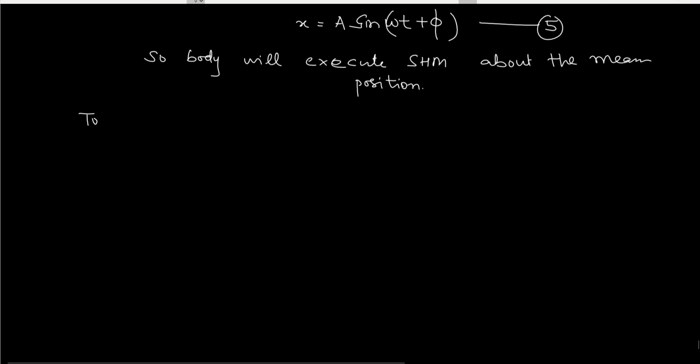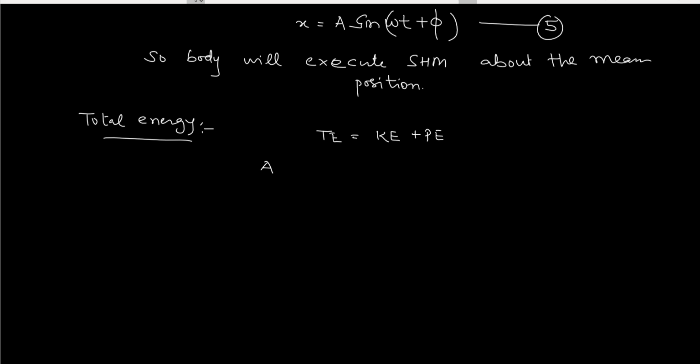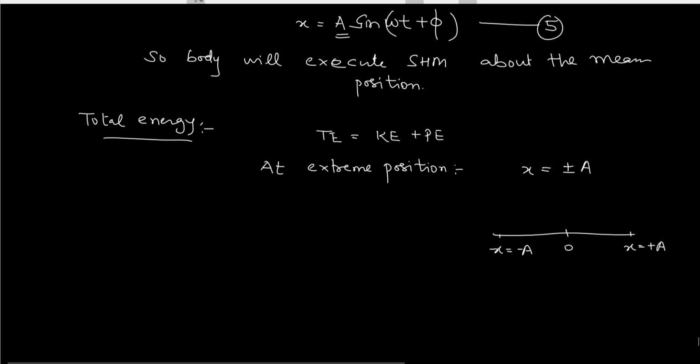the total energy of the particle at any time will be equal to kinetic energy plus potential energy, but at the extreme position, if we take capital A as the maximum displacement, as we have taken in equation number 5, plus A for the positive extreme and minus A for the negative extreme, the body will be executing between these two extremes like this.